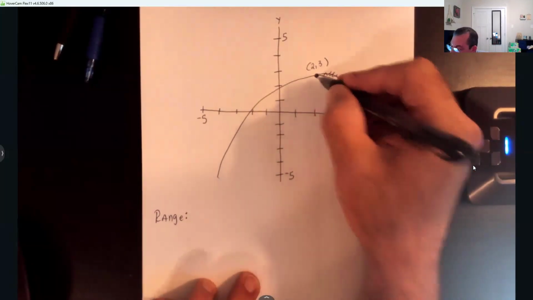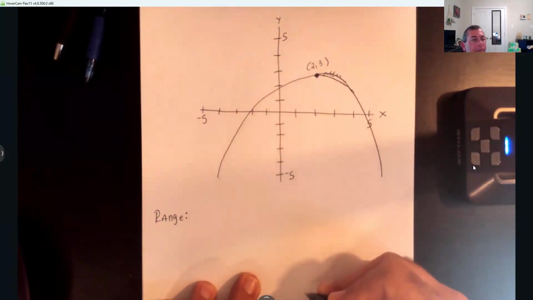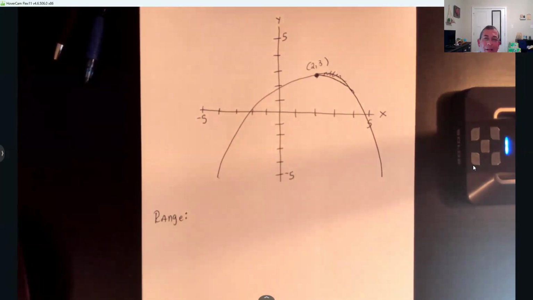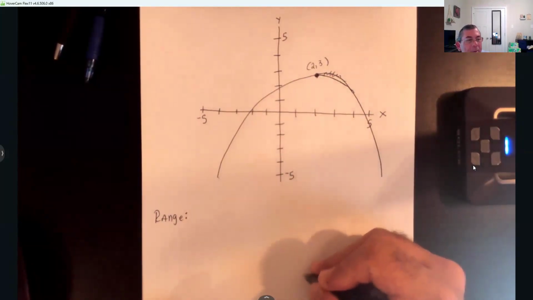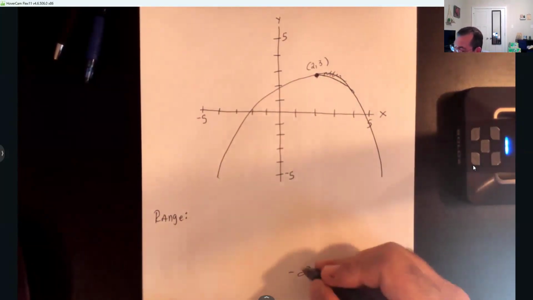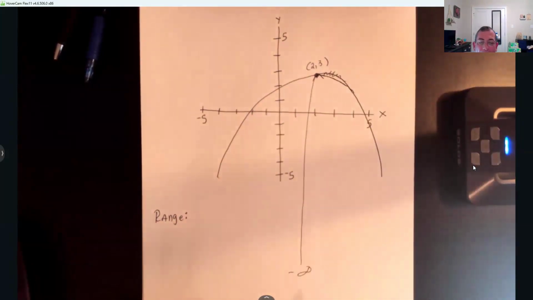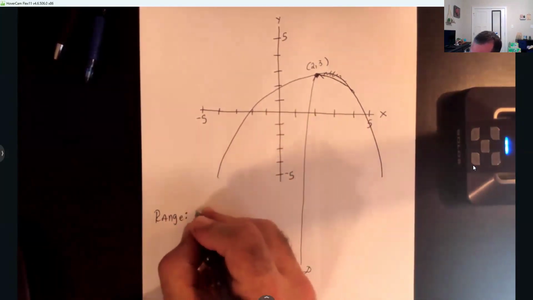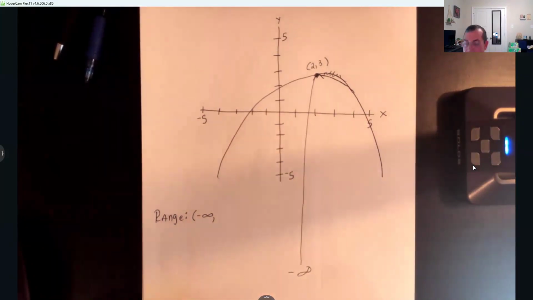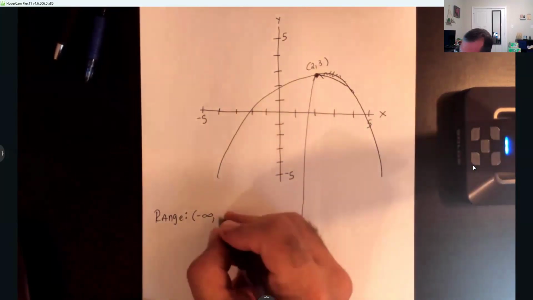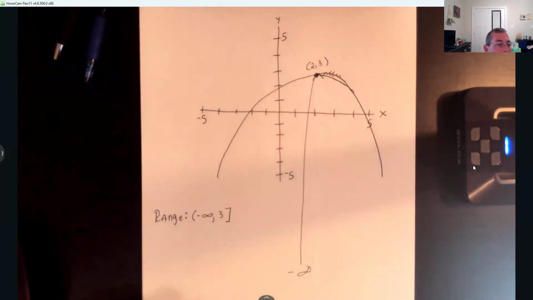So y'all's range, starting at the, oh, Nat, you were so close, but reverse that. And instead of coming from infinity, we're coming in from negative infinity. So remember, when it's a max, you're starting at negative infinity. And then the maximum y value would be that y value of 3. All right, perfect.